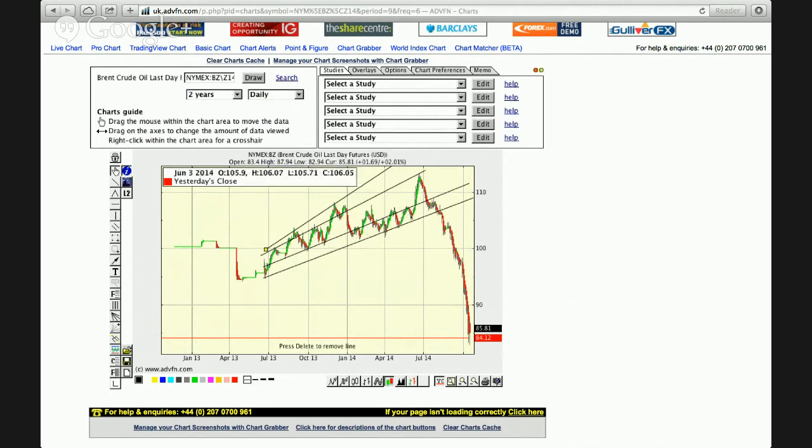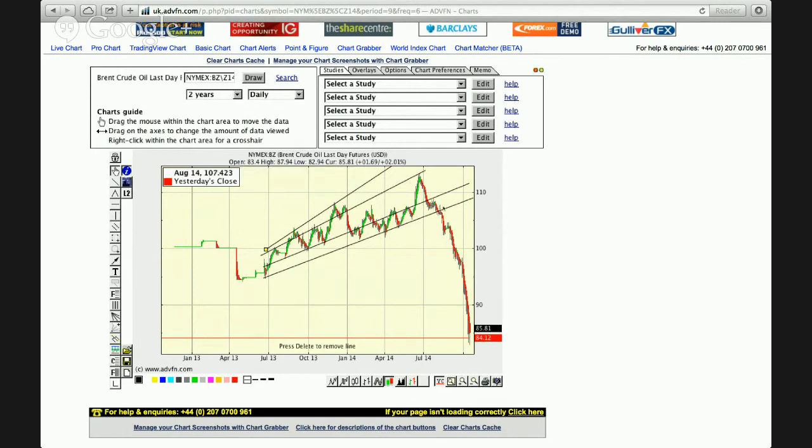Oil eventually broke down below this. Okay. What's interesting is what's happening here. Oil broke above this resistance line and reached the old resistance quite quickly, and again broke down towards the old support here.